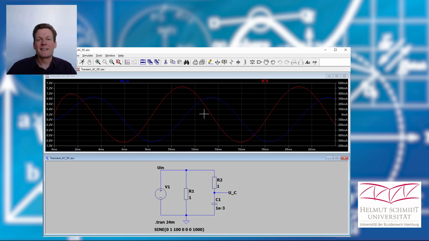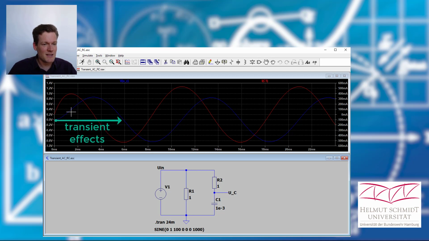Now, I said we're talking about steady state AC circuits. Steady state means that everything became sinusoidal. If we have a look here at the beginning when we switched on our circuit, you see at the voltage here in the beginning, it's not sinusoidal yet.